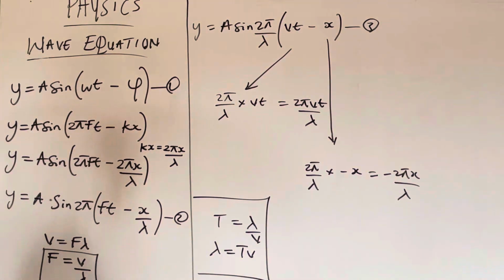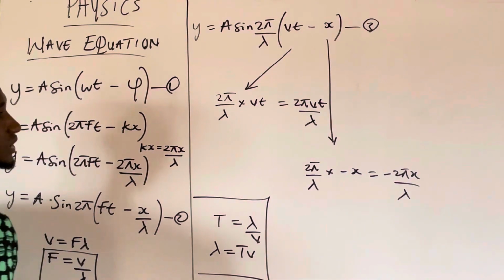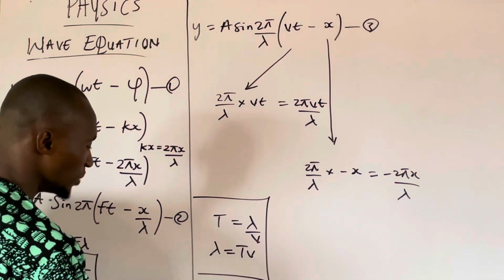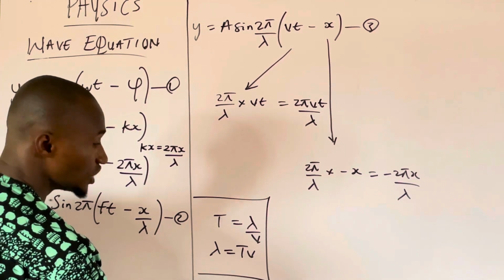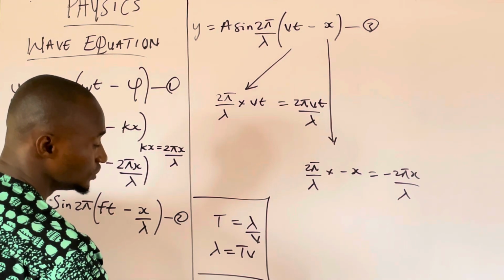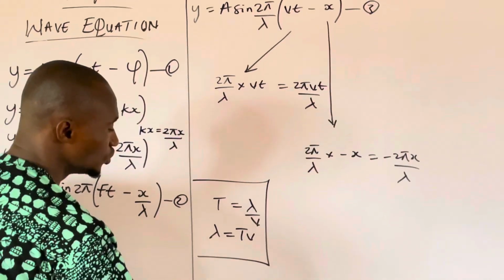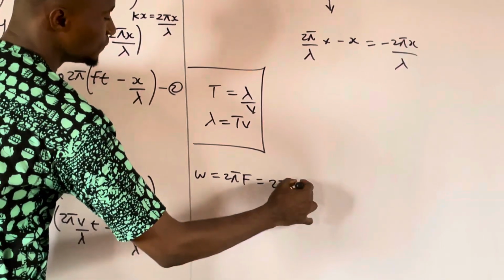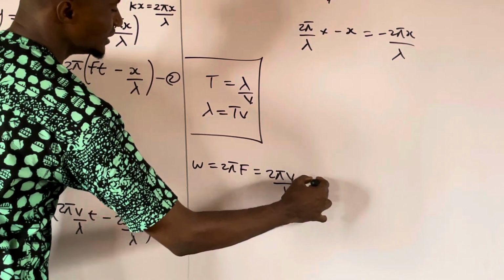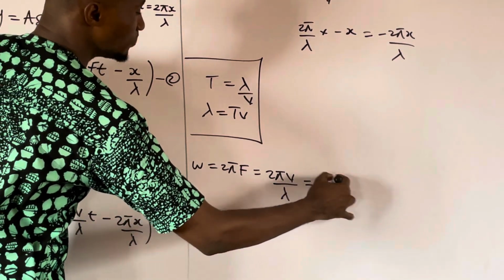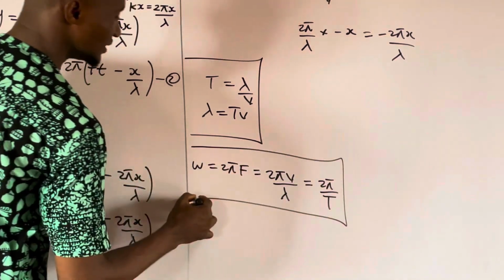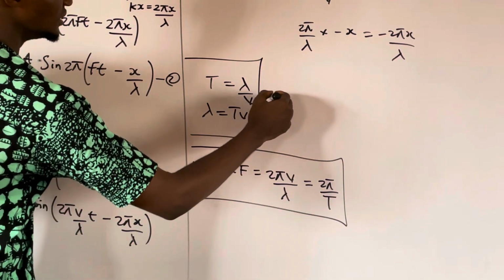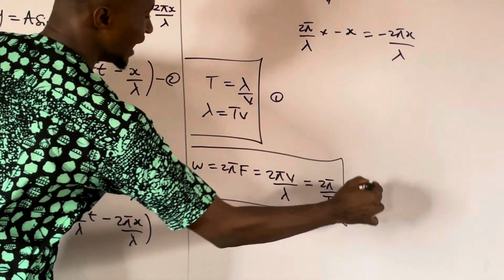There are two things I can use to get my equation 4. Either I use this or I use this particular one. w equals 2 pi f, which is equal to 2 pi v over lambda, and this is also equal to 2 pi over capital letter T. So I can use either this or that.